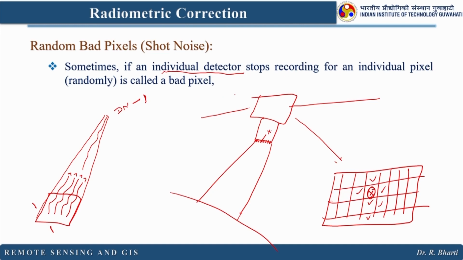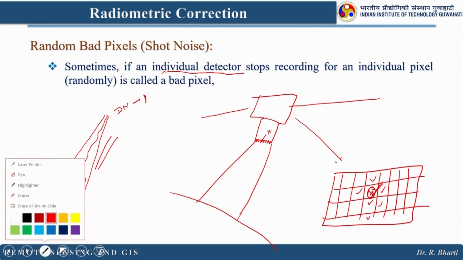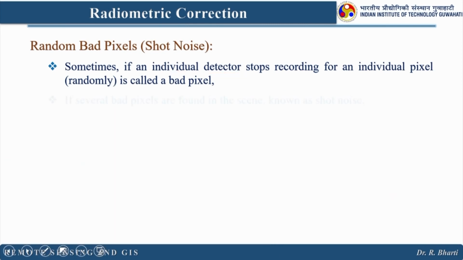So individual pixel means only for that particular moment there was a problem, we don't know what happened to that particular detector, but somehow it did not record the expected energy and it is giving you some error, right. So that is known as random bad pixel.